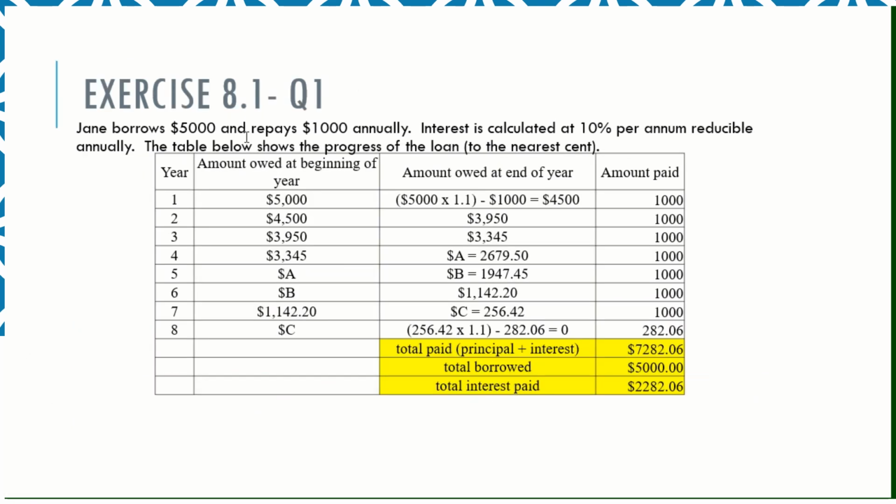Next part. Okay, I'll just go through question 1. Jane borrows 5,000 and repays 1,000 annually. So once it's annually, you've got no problem. 10% per annum reducible. So now it's 10%, right? The table below shows the progress of the loan to the nearest cent. So amount owed at the beginning of the year, 1,000, correct? What I am doing here is similar to what I did just now.